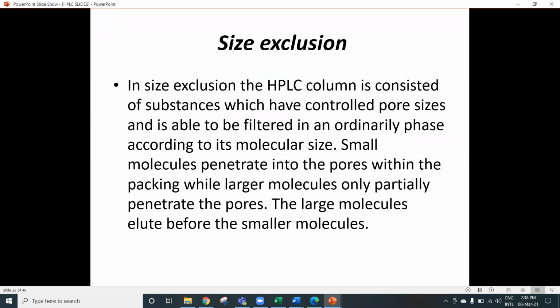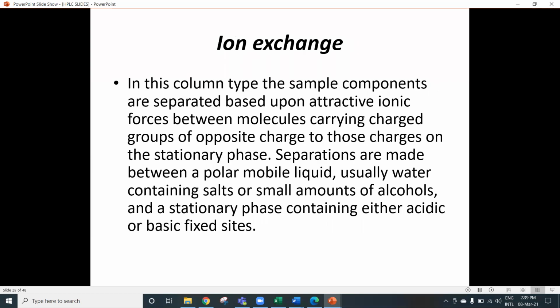For size exclusion, the HPLC column consists of substances that have controlled pore sizes. So the pore size determines the type of interaction your analytes have with the stationary phase. And in this, like I said before, the large molecules will always elute before the smaller molecules.